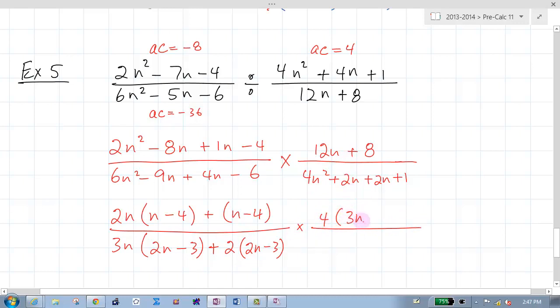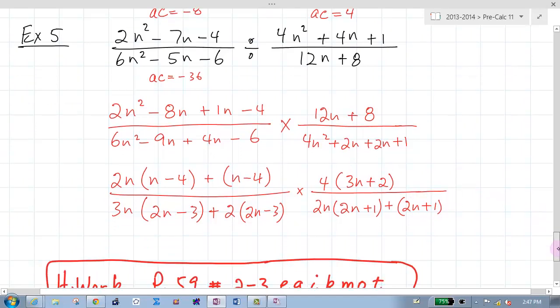Here I get 3n plus 2. First two terms, I'm going to take out the GCF, which is 2n, and I get 2n plus 1 plus 2n plus 1 grouped at the end of that.